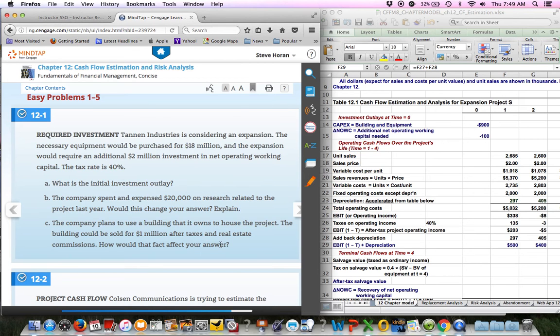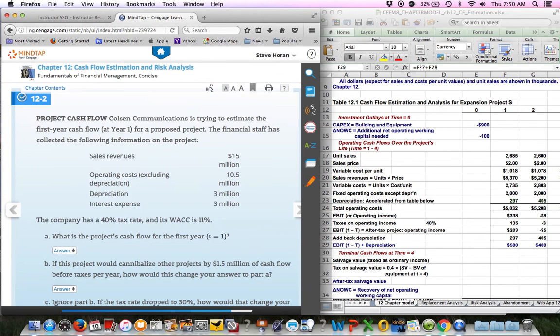We have to add that to the project cost to make sure that all the future cash flows are high enough so that we do the right things. So in finance we include things like that. In accounting you wouldn't do that, but in finance we have to think about the possible effects of the alternatives that we could do. So that comes into play. Okay, the next question is more of a number cruncher, and that's question 2.